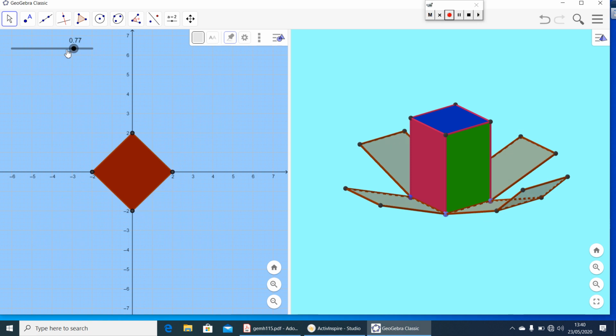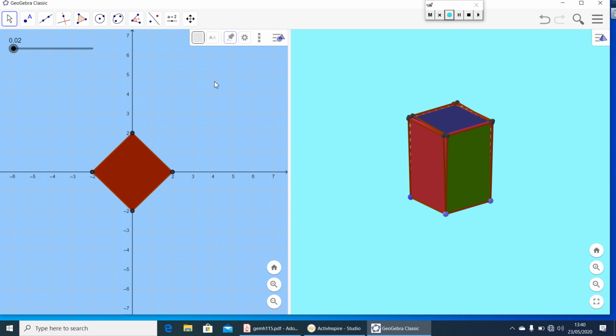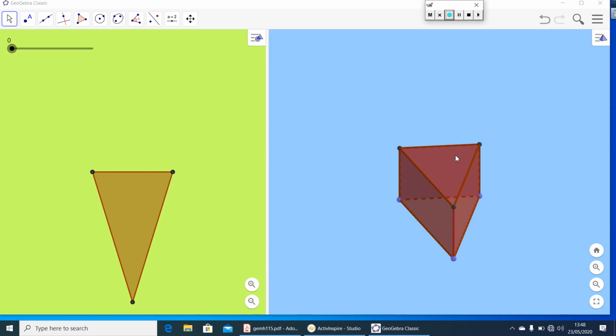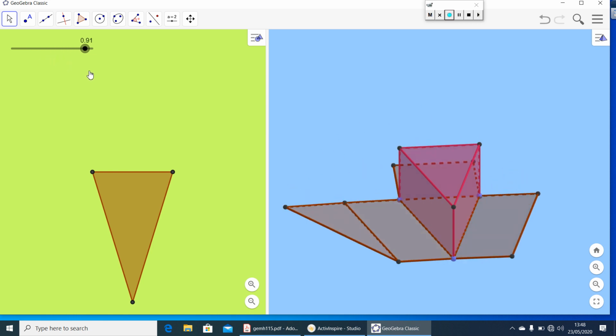Now let us see the net of another solid shape. Here you have a triangular prism. When you unfold it through its edges, you will get its net.